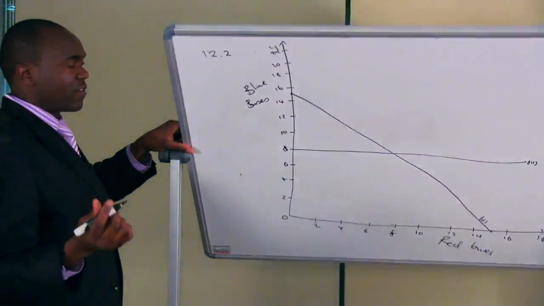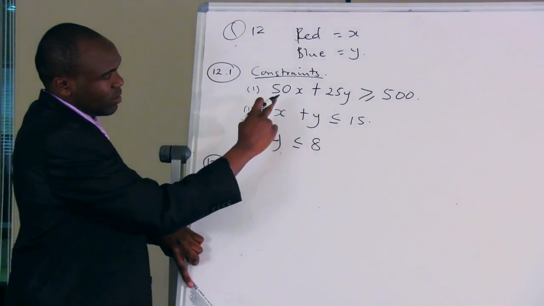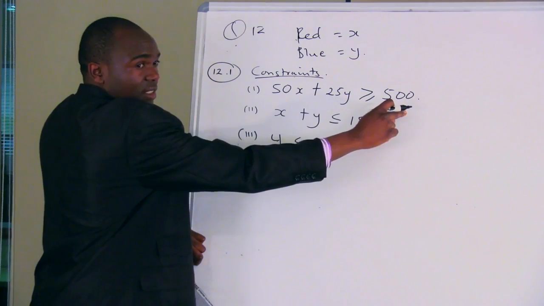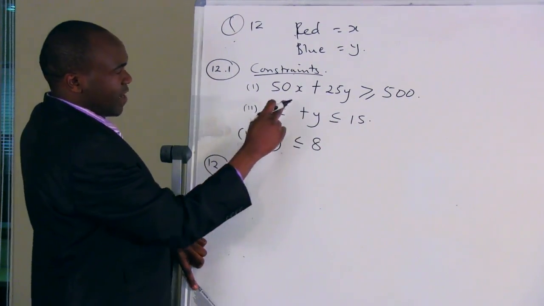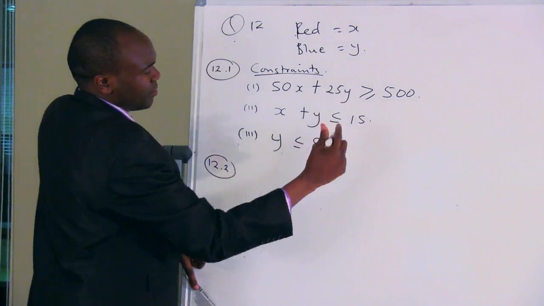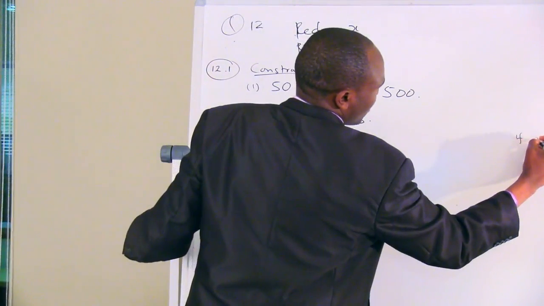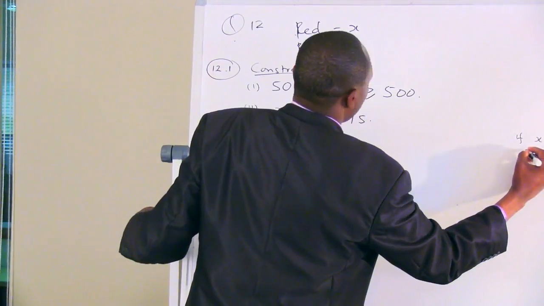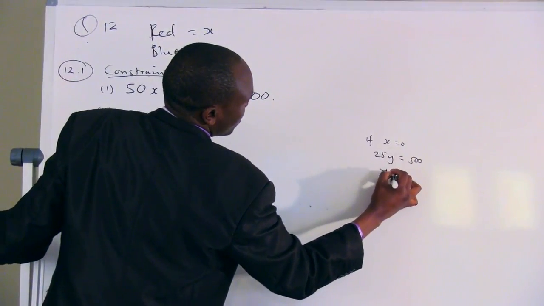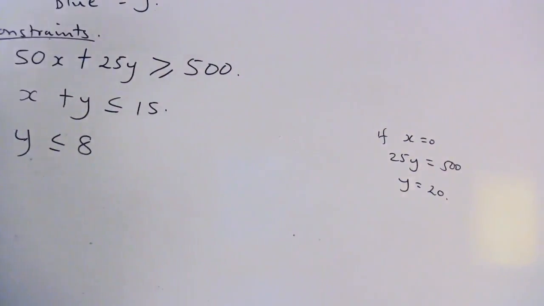Okay. Now let's do the final one. We do the same process again. 50x plus 25y is equal to 500. Alright. Now, if x is equal to 0, what is y? If x is equal to 0, then 25y is equal to 500. Y is equal to 20. Good. Okay, that's it.